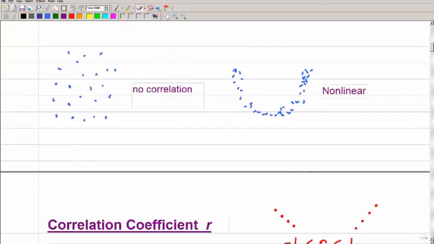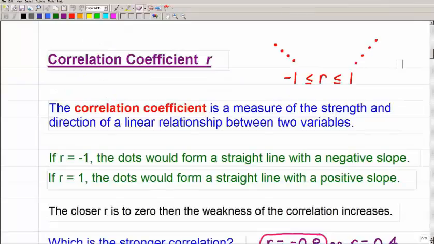Now we have what's called the correlation coefficient, lowercase r. The correlation coefficient is a numerical measure of the strength and direction of the linear relationship between the two variables. If the dots form a perfect straight line with a negative slope, which could be any negative slope, a little flatter or a little steeper, the correlation coefficient is -1.